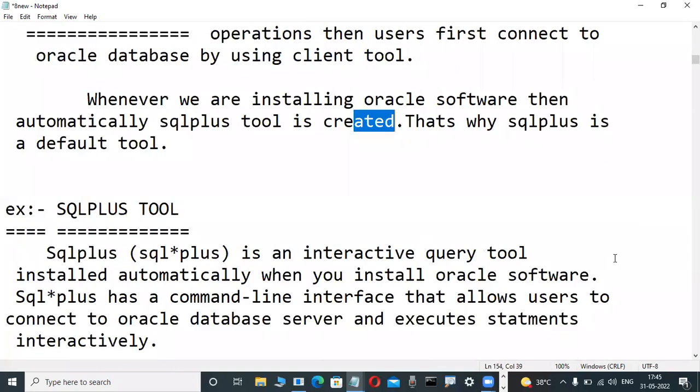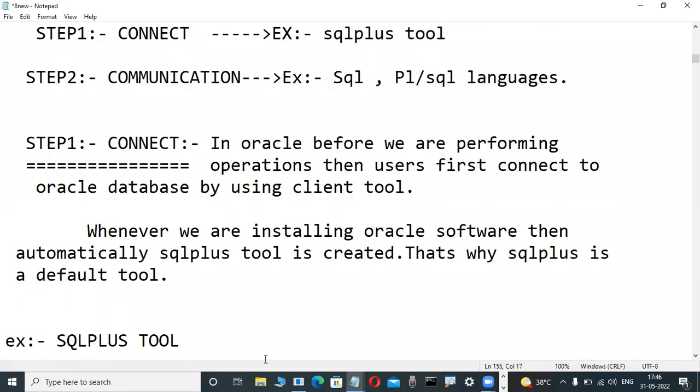That's why SQL plus is a default tool. Tool means client tool. Okay. Default tool.